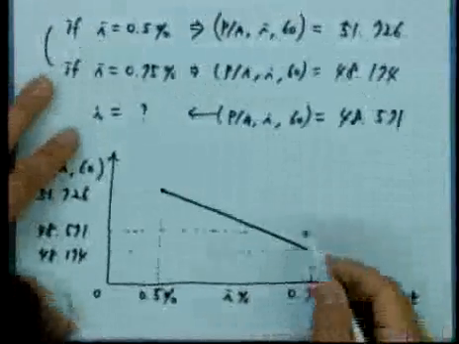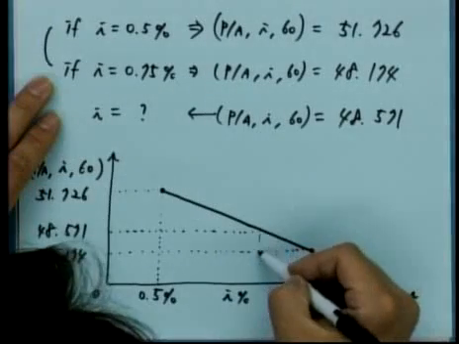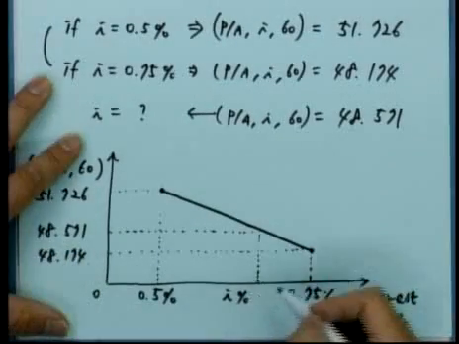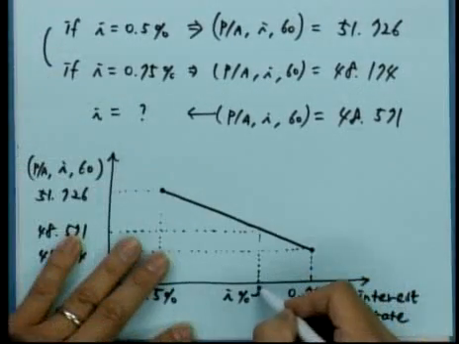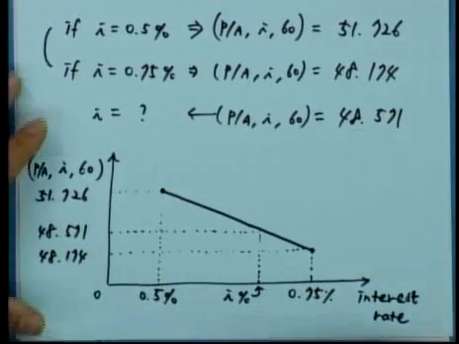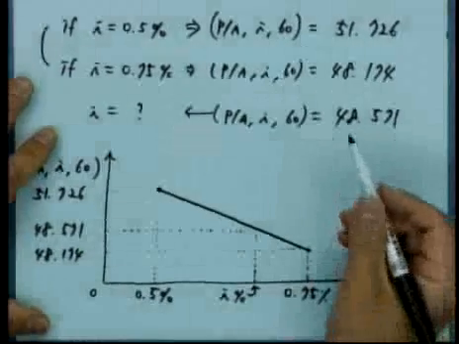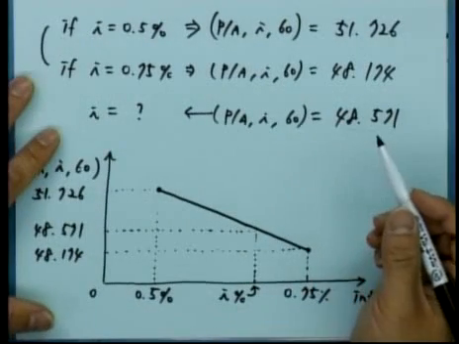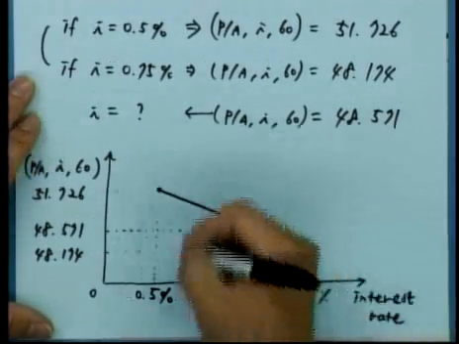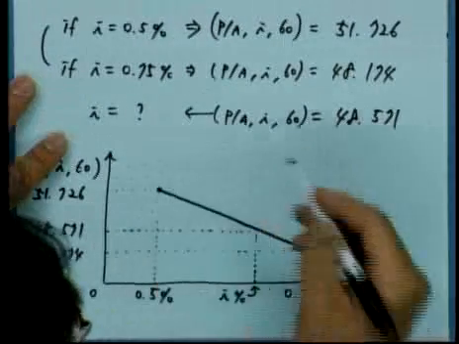Okay. Now we're going to see that somewhere down here we have I%. So our interpolation relies on this diagram.